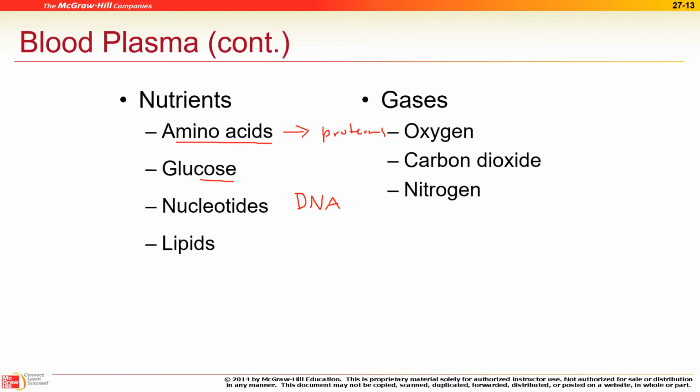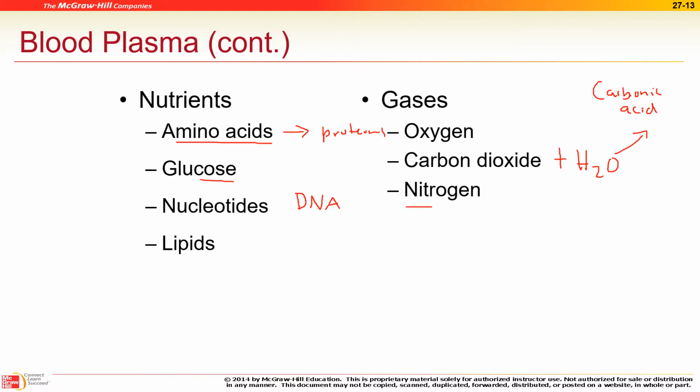Gases, most of the oxygen is carried on hemoglobin. Most of the carbon dioxide combines with the water in your blood to form carbonic acid. Have you guys ever experienced carbonic acid? Isn't that when you come up from a dive?